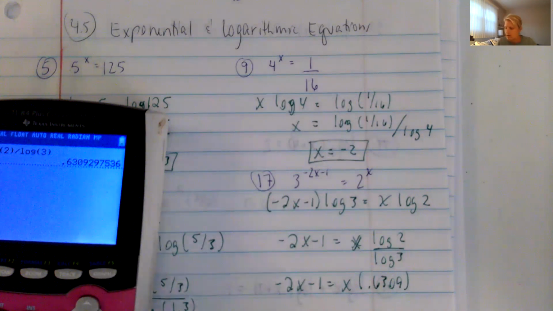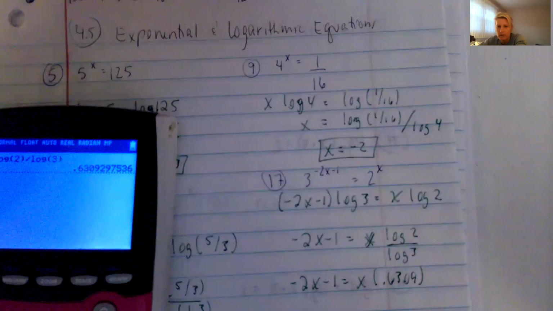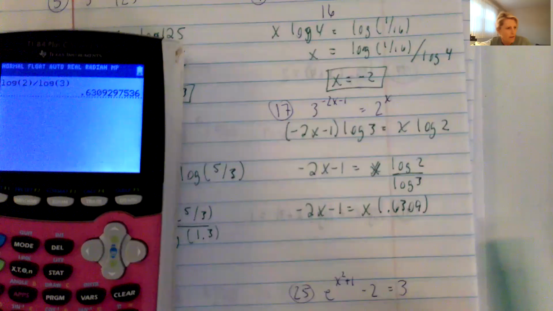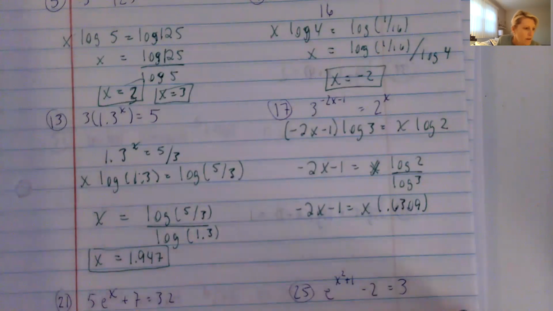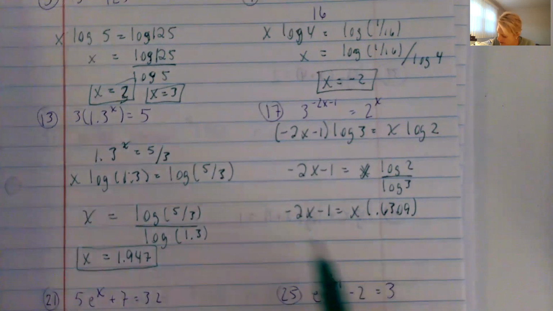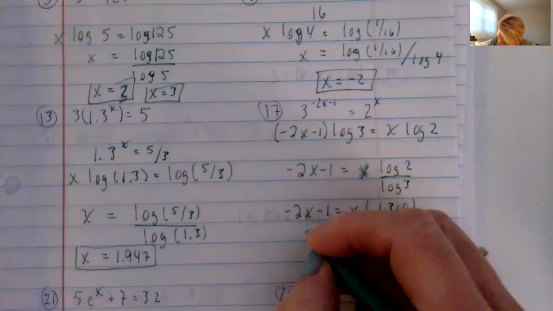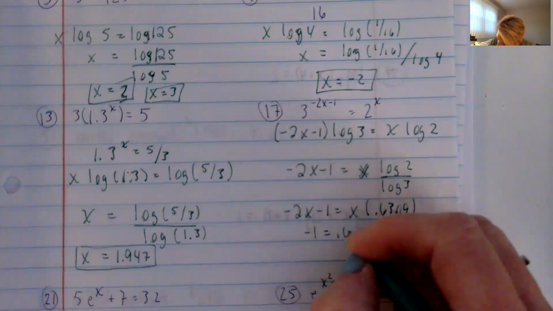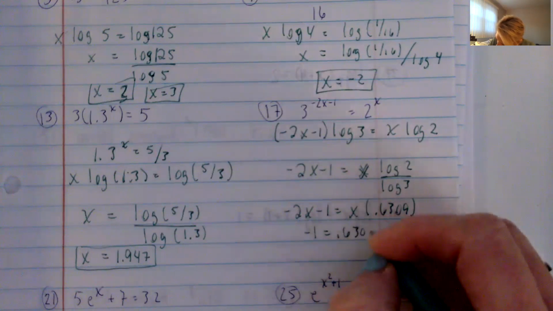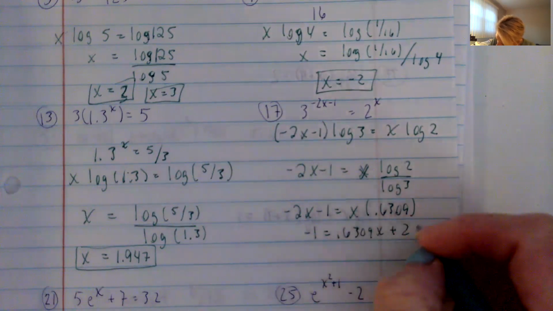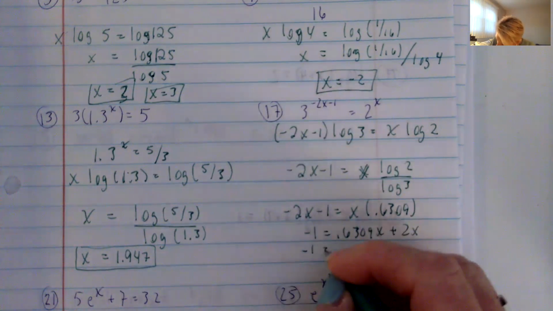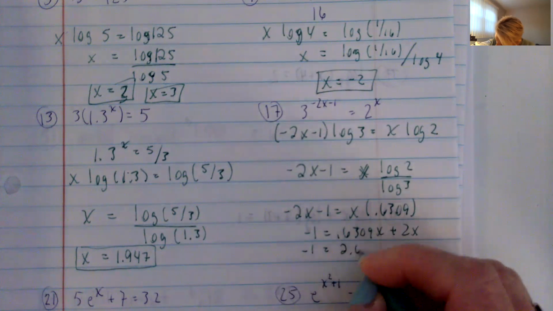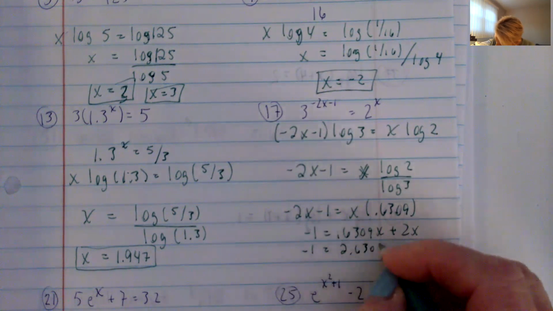So we're going to get our x's over to the right hand side by adding 2x. So we have negative 1 equals 0.6309x plus 2x. So negative 1 equals 2.6309x.